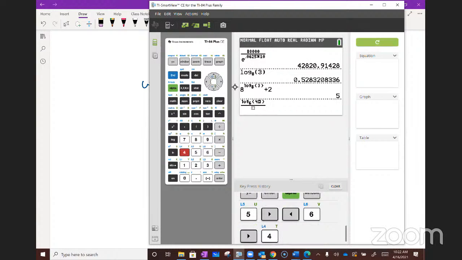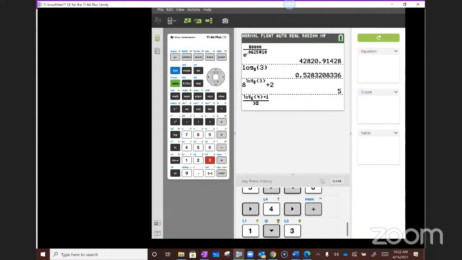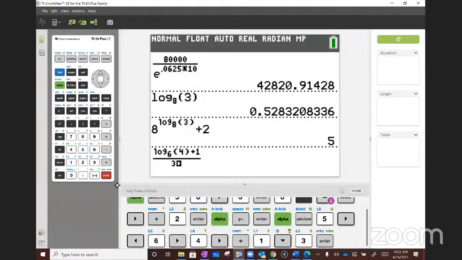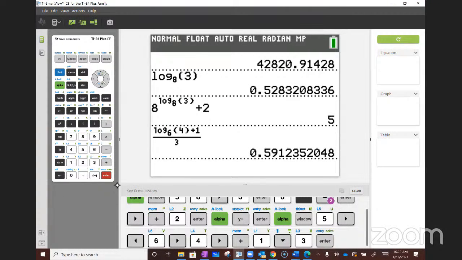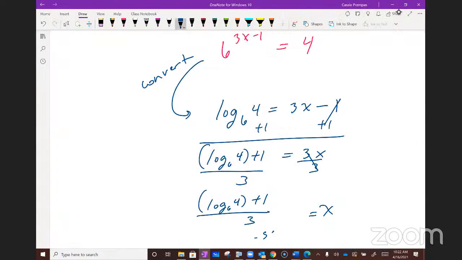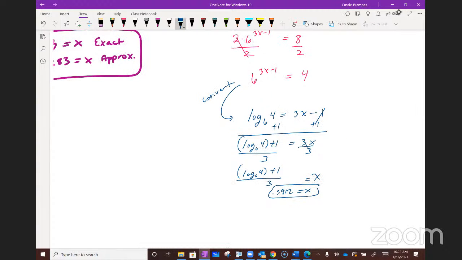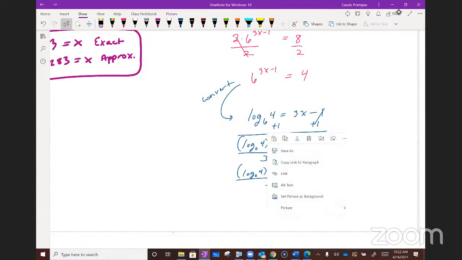I need to get out of those parentheses because I'm going to add 1 to the log, and then divide it by 3. That gives me an answer of 0.5912. All right, nice. Okay, guys, that's a review of how to solve exponential equations.